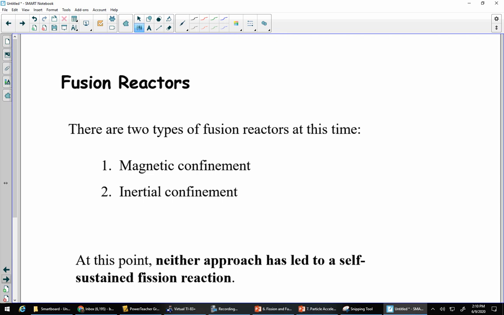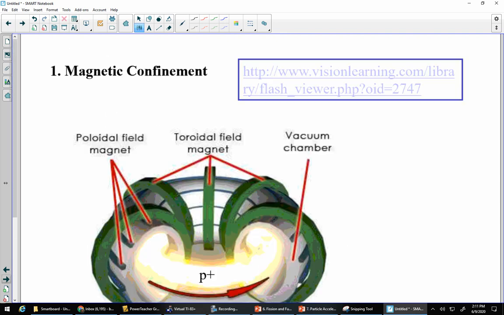So there's two types of fusion reactors at this time. Neither of them really leads to a self-sustained reaction because they're putting more energy into the environment than they get out from getting those nuclei together. So there's magnetic confinement, and then there's inertial confinement.